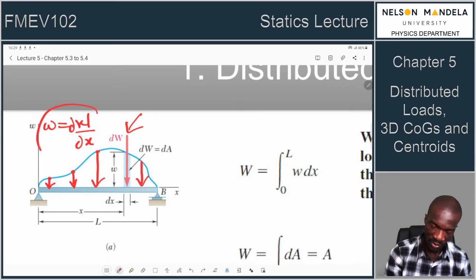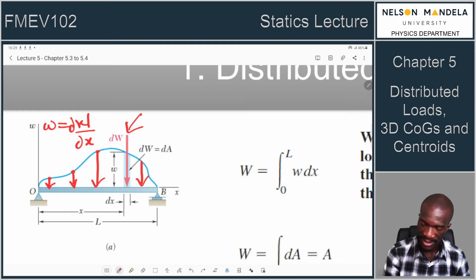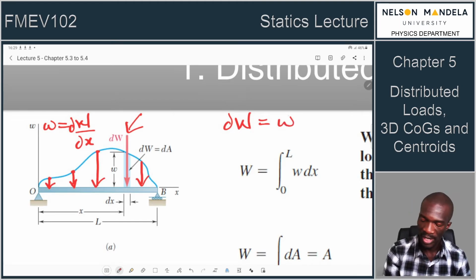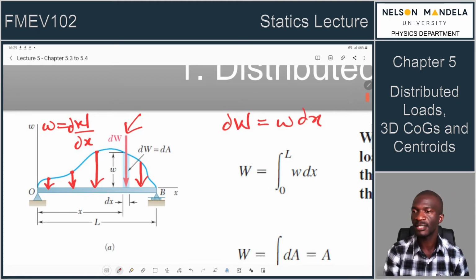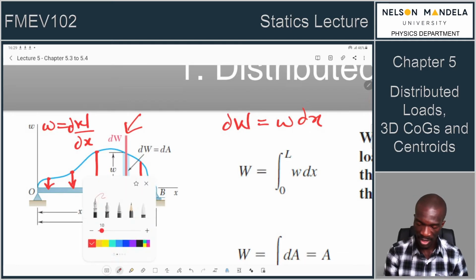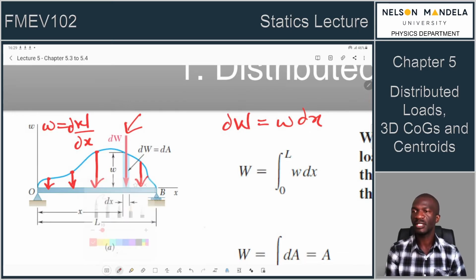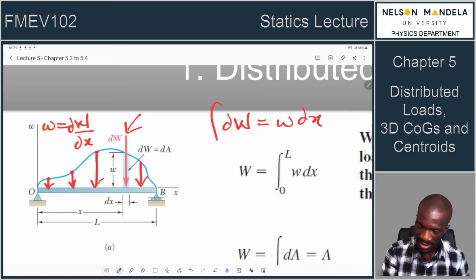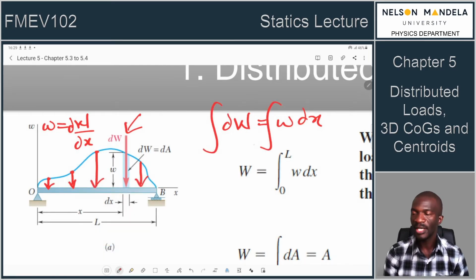Basically we would rearrange this equation and write it this way. The small weight element dW is given by the weight per unit length times dx. So then for us to find the total weight, we would have to integrate.